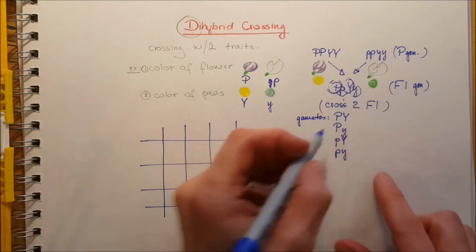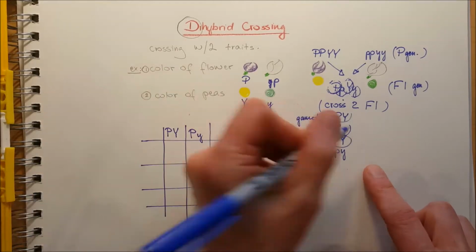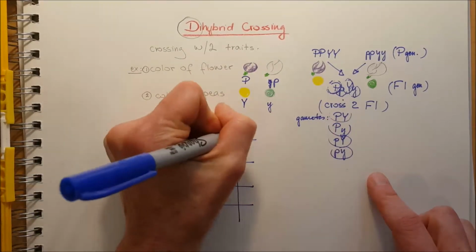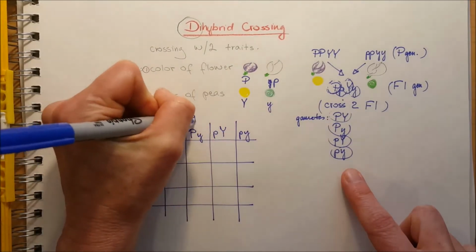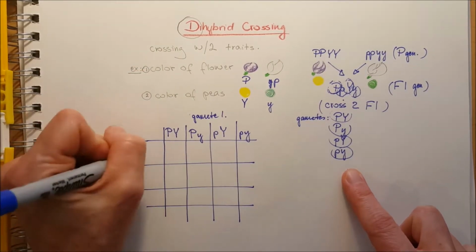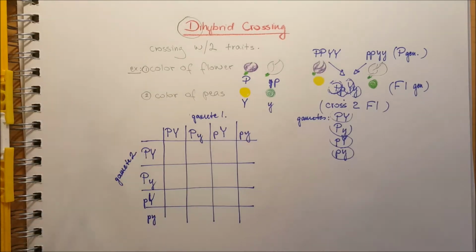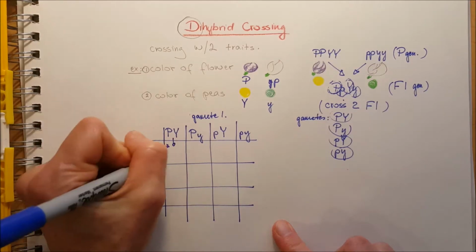For the horizontal line, gamete 1 will contain the possibilities like that, and gamete 2 will have the possibilities like that, showing how the gametes can get one allele from each trait.